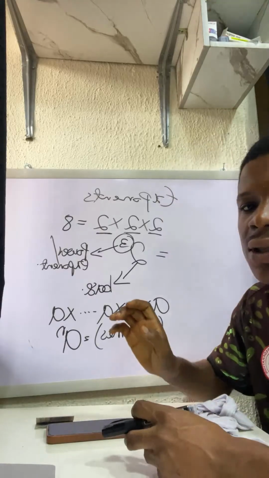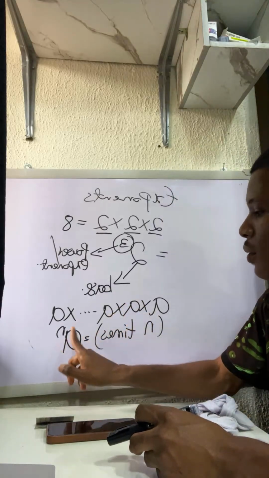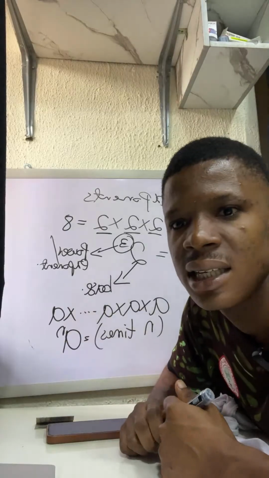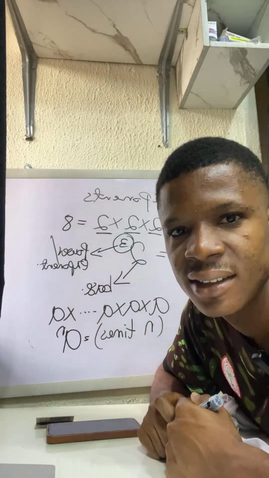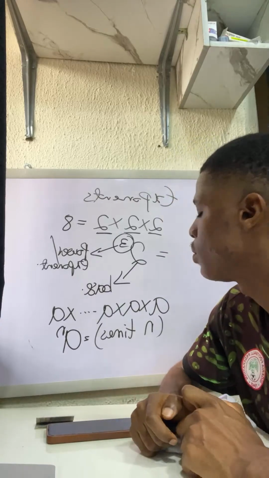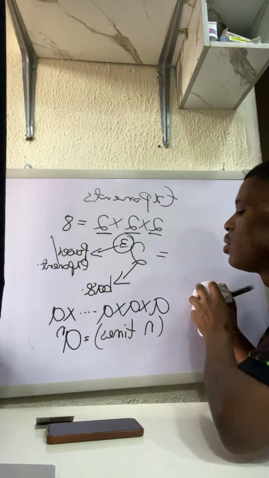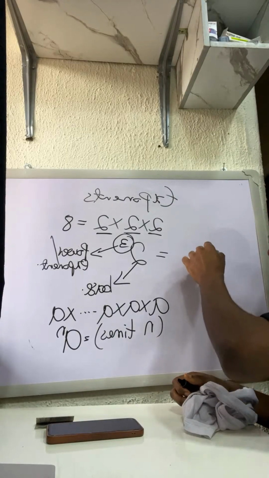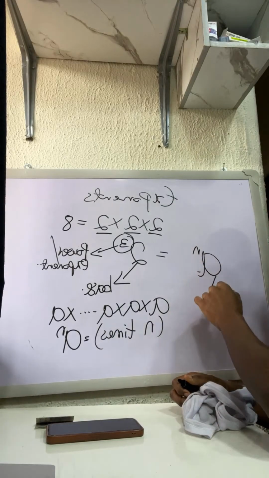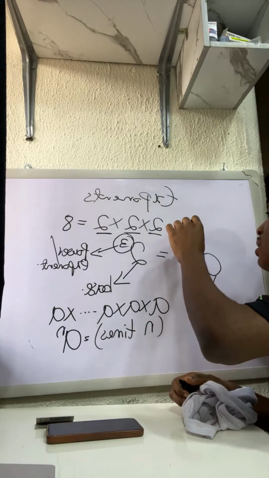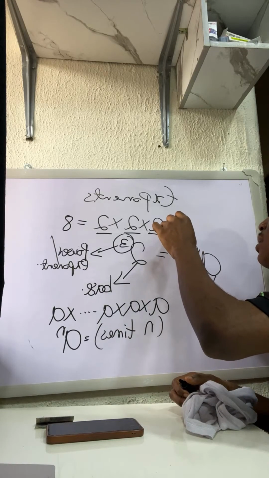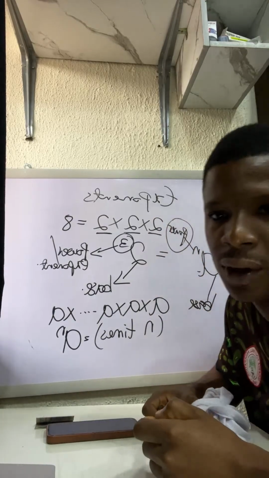So let's say you are multiplying a n times. This is basically a to the power of n. Where a is the base, and n is the power, which is the exponent.